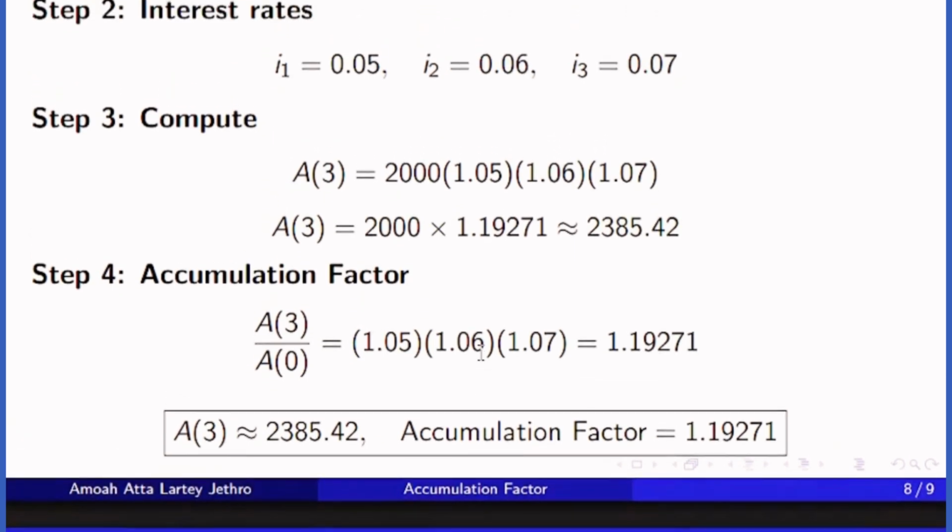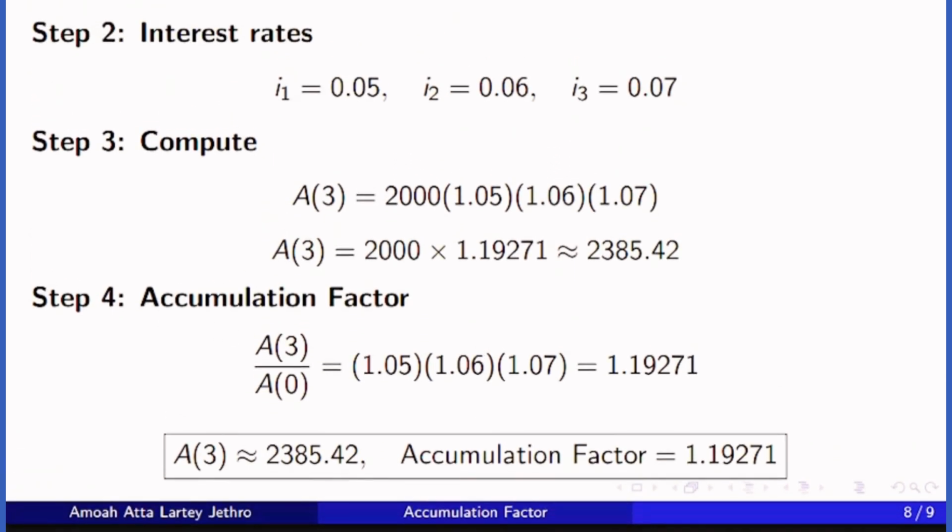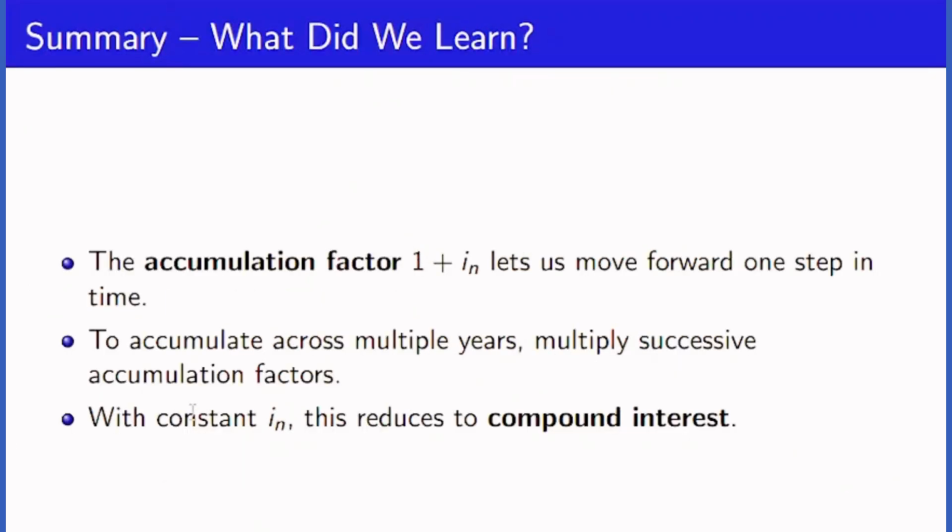So what did we learn today? In conclusion, we learned that the accumulation factor is 1 plus i to the power n, and it lets us move forward one step in time. To accumulate across multiple years, we multiply successive accumulation factors.